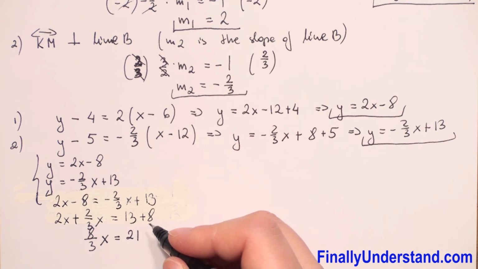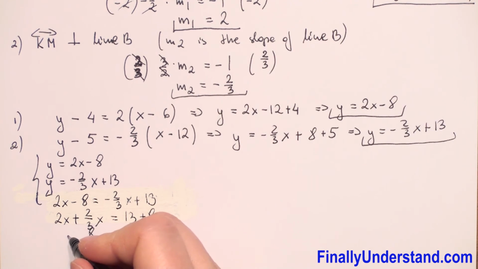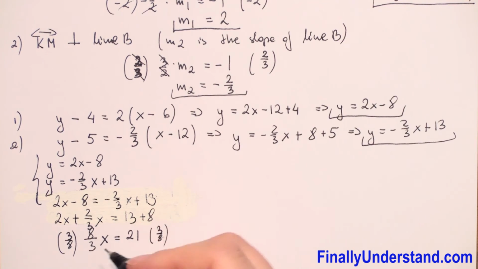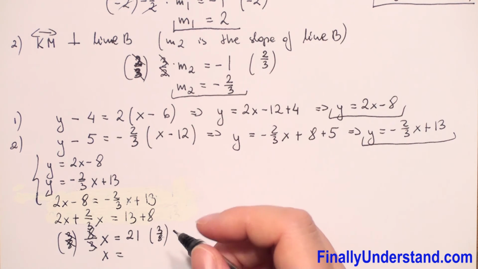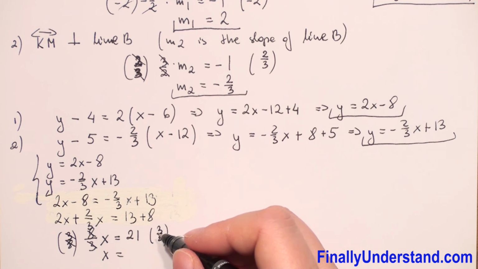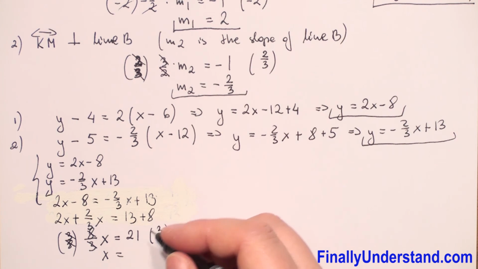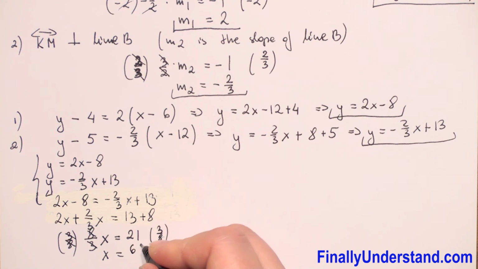Next, I will multiply both sides by 3 over 8 to reduce the fraction on the left side. 3 and 3 we can reduce, 8 with 8, so we have x is equal to 21 times 3 is 63 over 8.